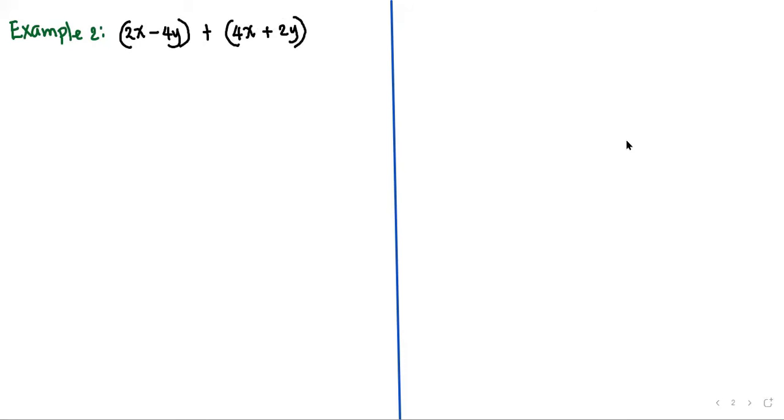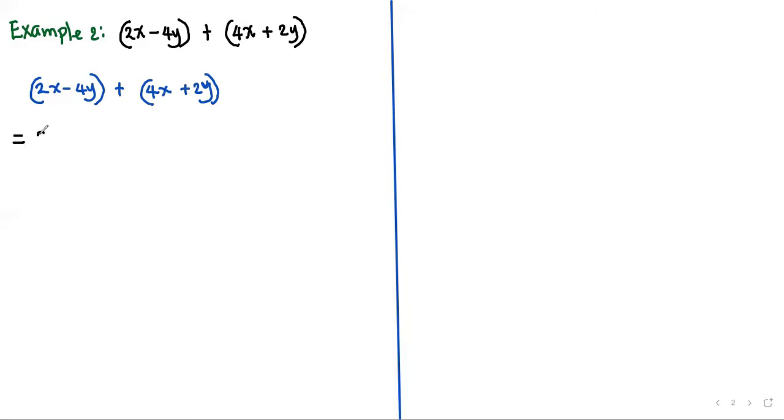Okay, so we are having 2x minus 4y plus 4x plus 2y. Okay, so let's put them together.